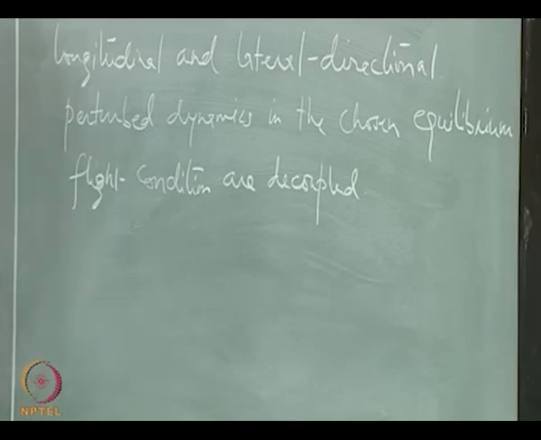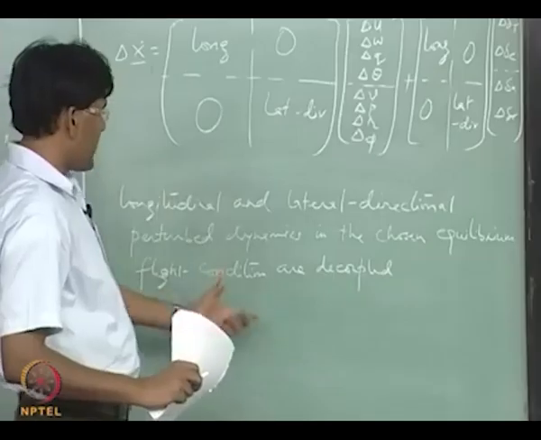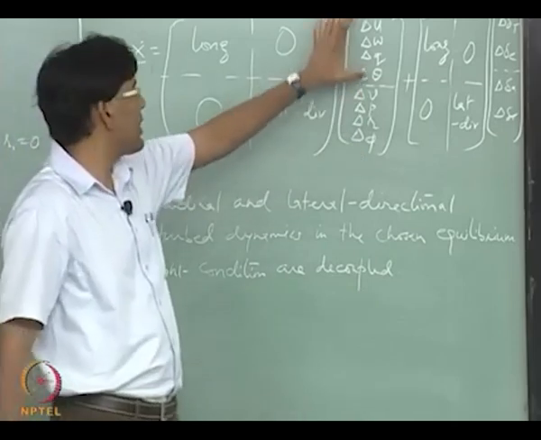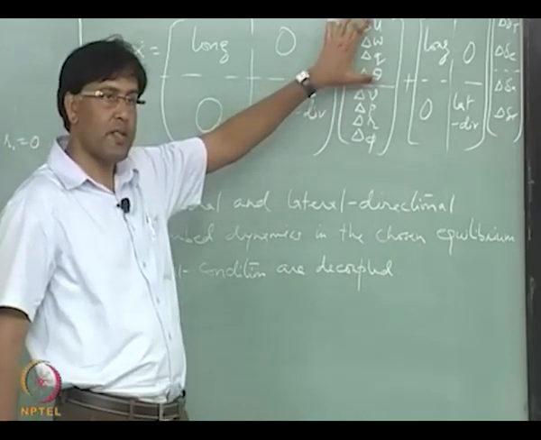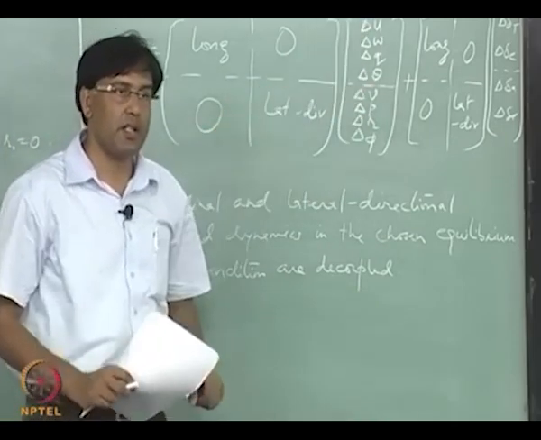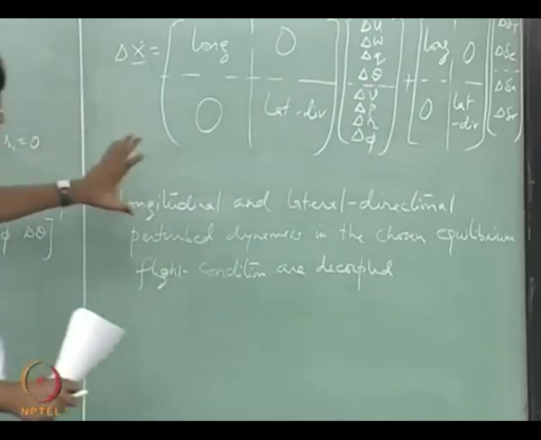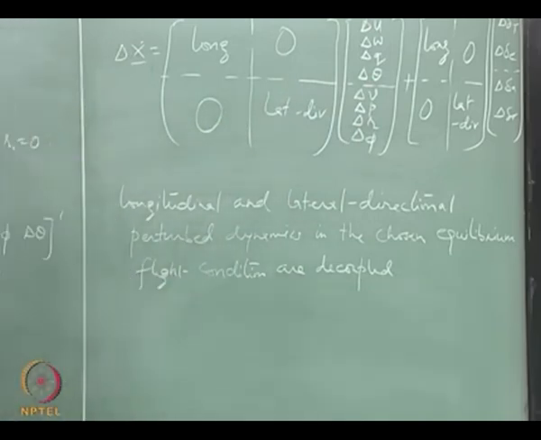So, what I mean to say is that these variables are not going to be affected by this set of variables, and this set of variables are not going to be affected by this set of variables, right. So, we can look at the two perturbed dynamics separately.